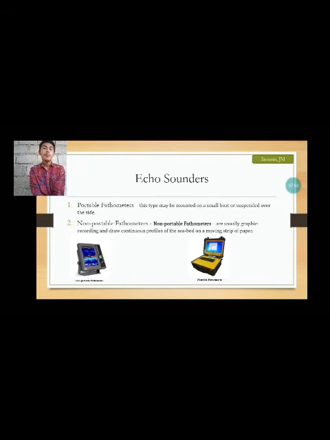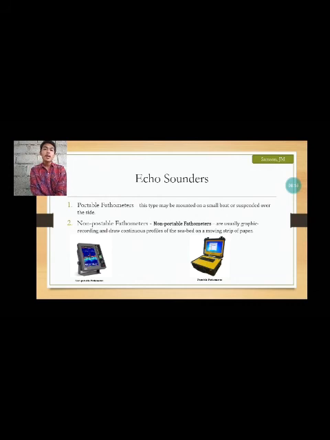Okay, so these are the instruments for echo sounding, which we call echo sounders. The first is the portable photometers. This type may be mounted on a small boat or suspended over the side.